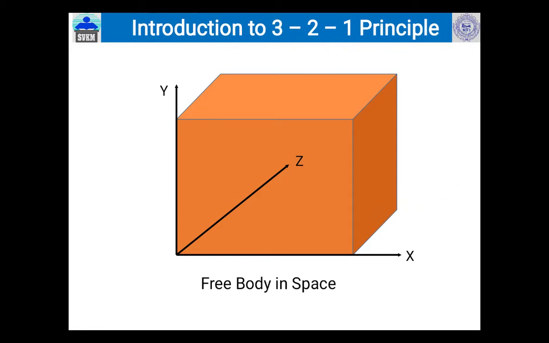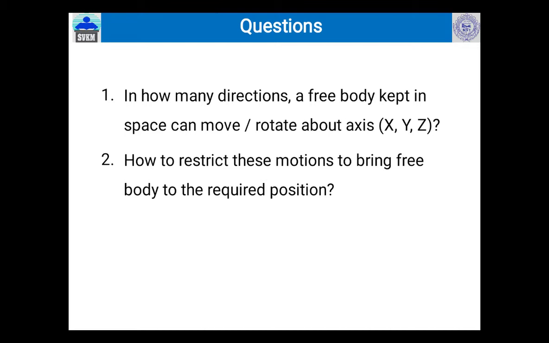Now, a question: in how many directions can a free body kept in space move or rotate about axes x, y, z? Second, how to restrict these motions to bring the free body to the required position. Stop the video, write down your answers in your notebook. Once you complete, start the video again.